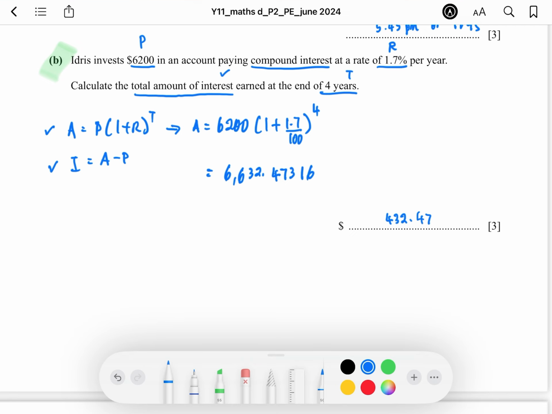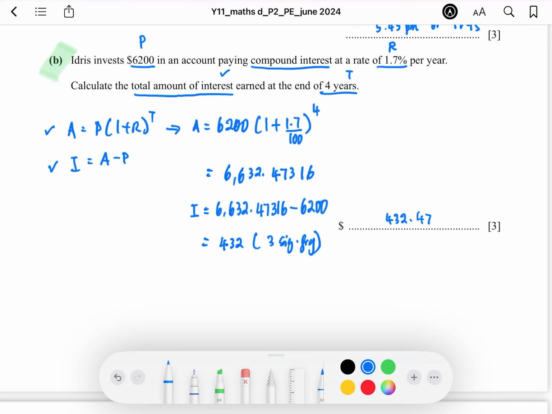This is not the final answer, so shouldn't be rounding it off yet, because we have the second step, finding interest. So 6,632.47316 minus 6,200, the principal, and that gives your final answer. Then you can round it off to 3 significant figures.